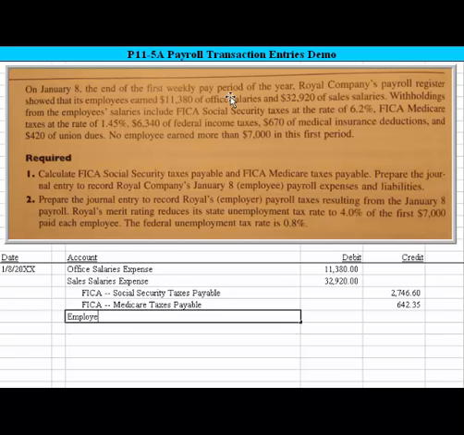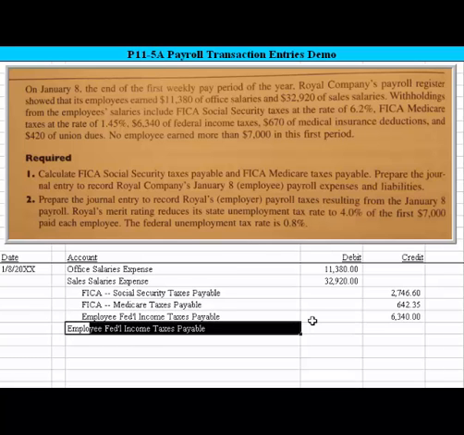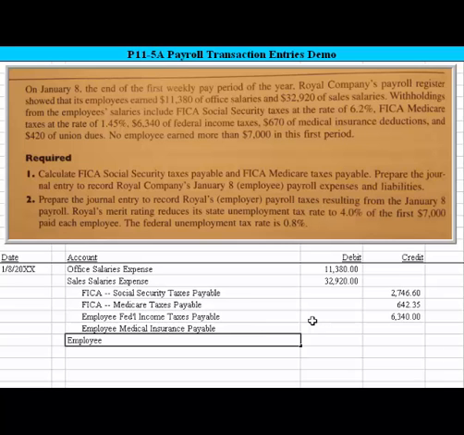Now, we also need to withhold the employee federal income taxes that we have withheld from the employees, and we need to get that to the proper taxing authorities. And that one they simply give us: $6,340. Then there's the employee medical insurance payable, and also the employee union dues payable, right?